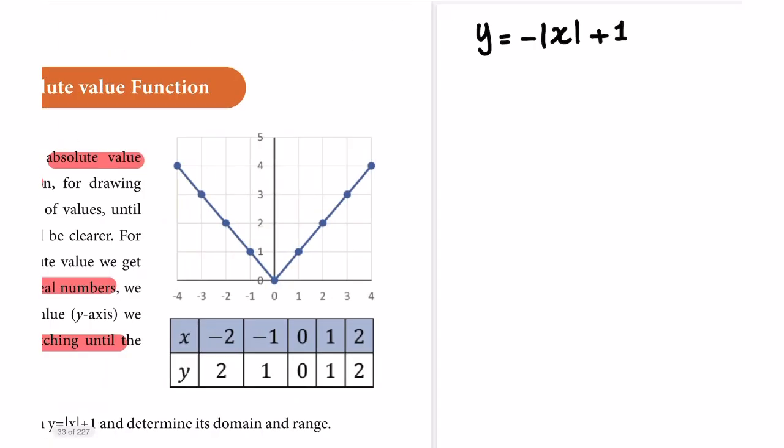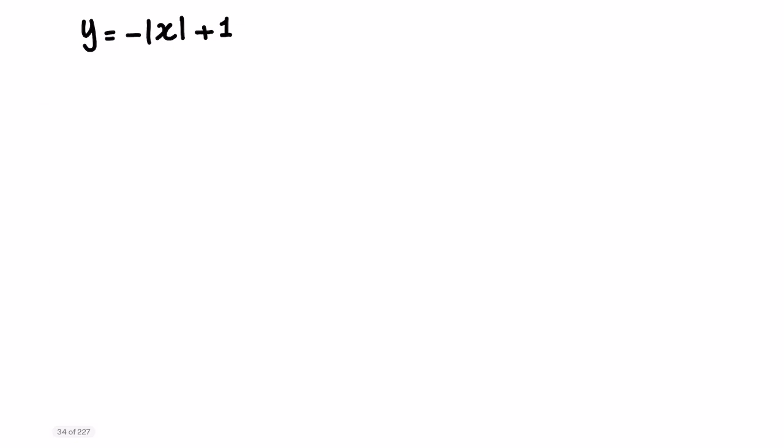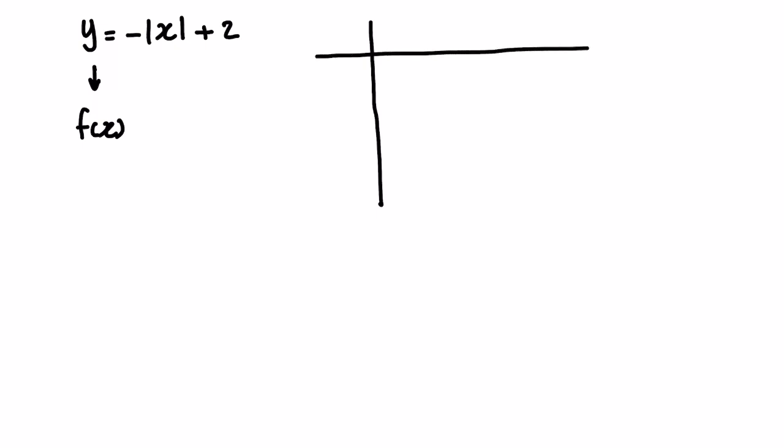Let me go back to check, actually it's 2. So we are going to write the 2 here like that. Now, as I told you, y means f of x, okay? So in order to graph this function, we are going to create a table consisting of 4 parts like that, okay?